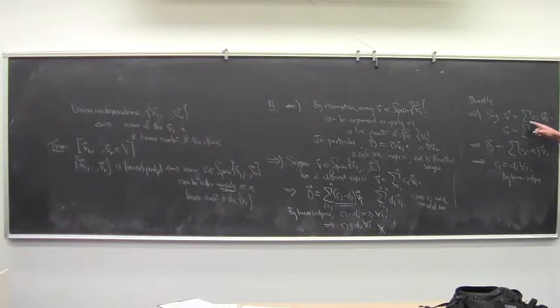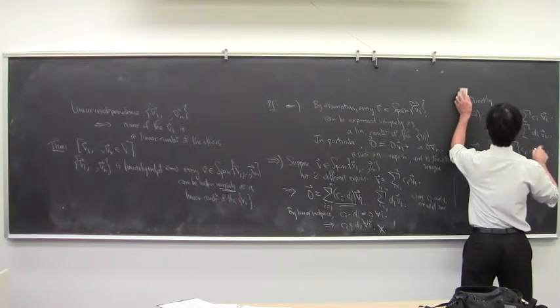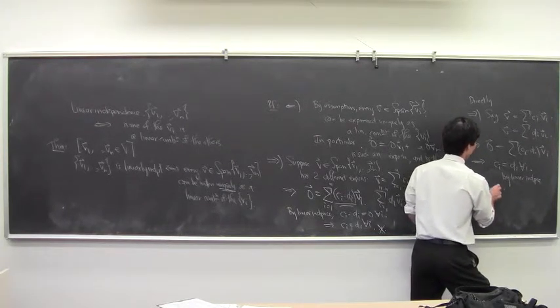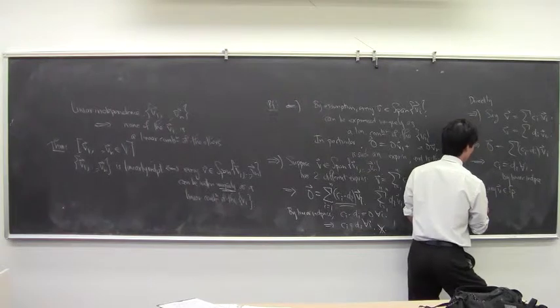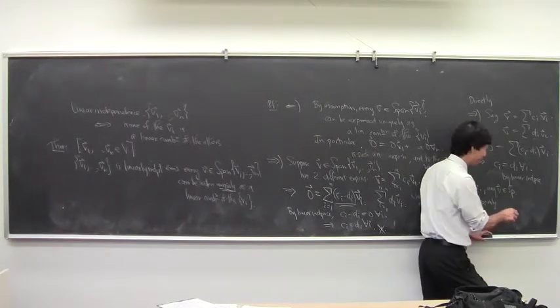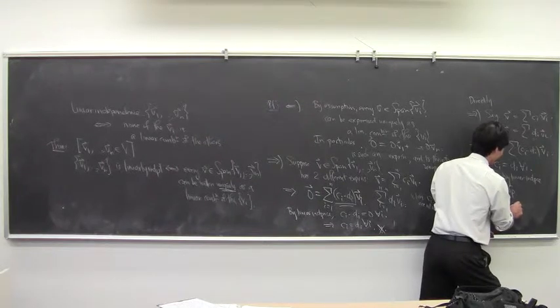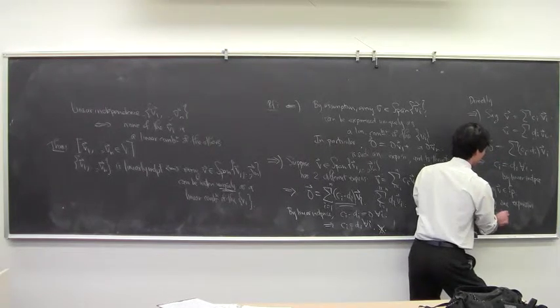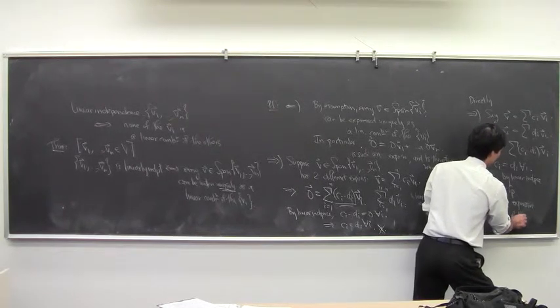In other words, any vector has only one expression. Any V in the span has only one expression as a linear combination of the Vi.